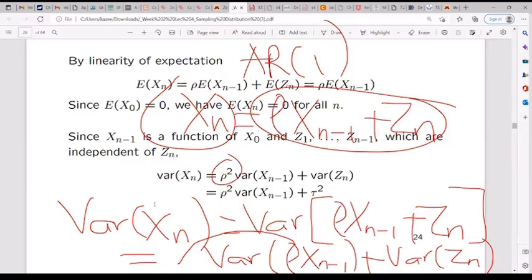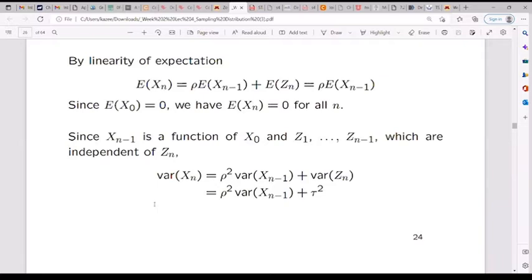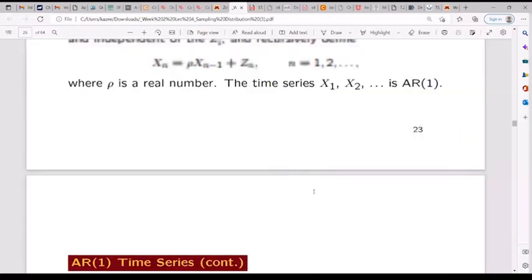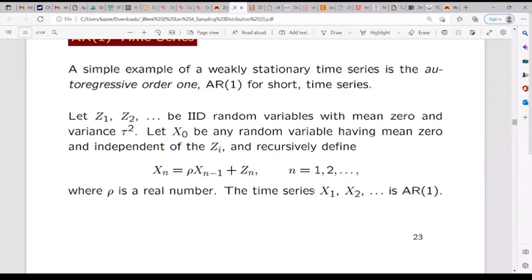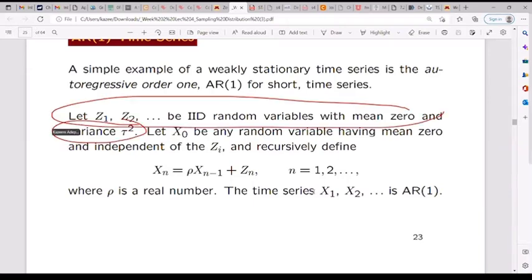That was how we got this. And don't forget, you have been told that the variance of Zn is sigma squared. Come back here, you are already told that the variance of that is basically going to be sigma squared.